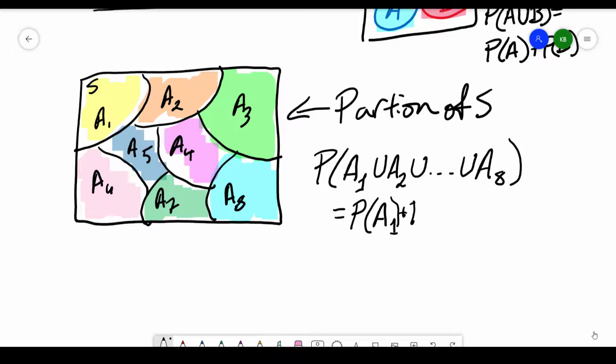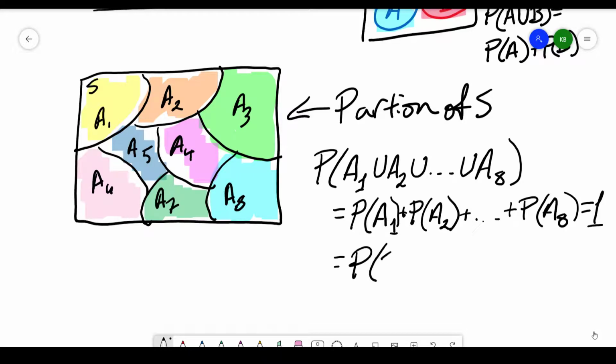I have the probability of A1 plus the probability of A2 all the way up to the probability of A8 to find out the probability that an outcome from my statistical experiment falls in one of these events. Now, each of these events, they're mutually exclusive from one another, and together they put together the whole set of outcomes for my statistical experiment. So if I add all of these probabilities up, I actually get a probability of 1, which is the probability of my whole set of outcomes.